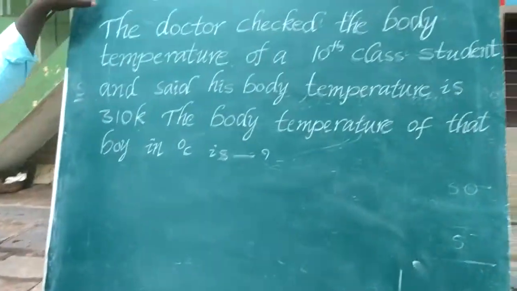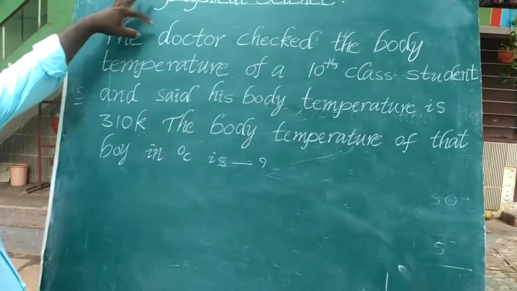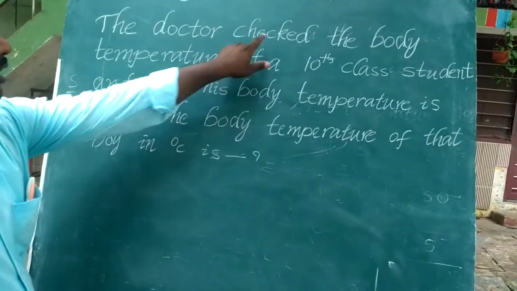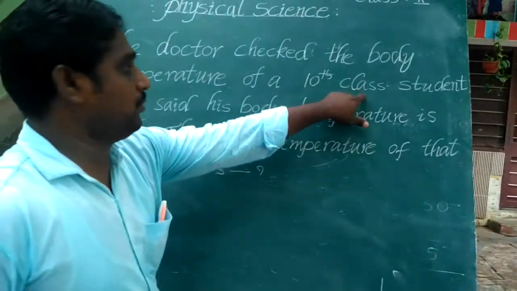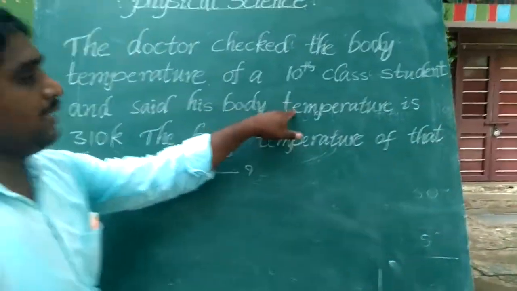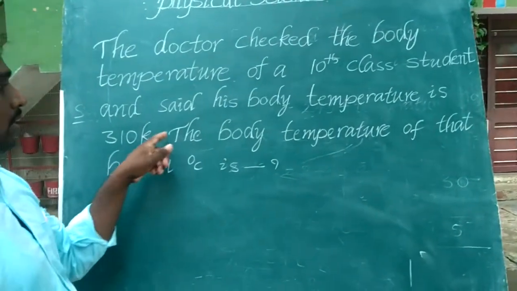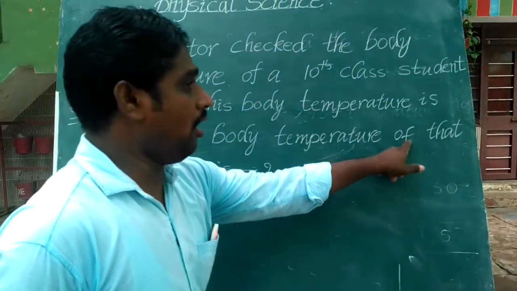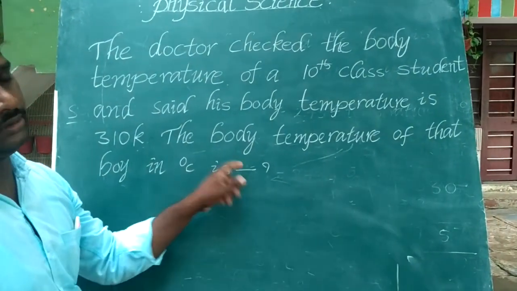Okay, students, once again, look at the given problem. The doctor checked the body temperature of a 10th class student and said his body temperature is 310 Kelvin. The body temperature of that boy in degrees Celsius is question mark.